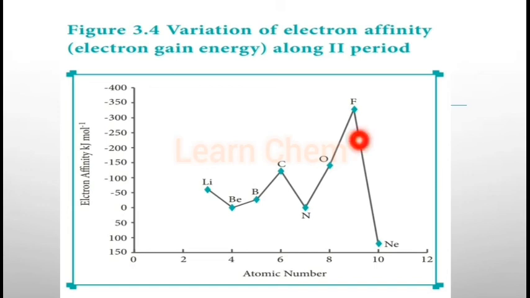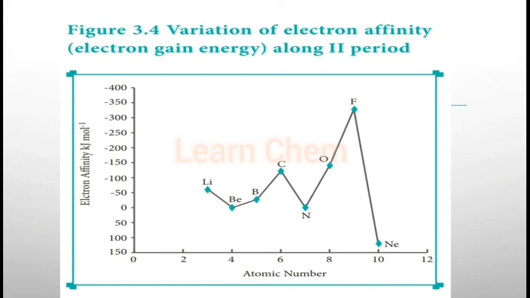You can see fluorine has a peak value, that is it has a high electron affinity value, because it has 5 electrons in its p shell. The total electrons in the outer shell is 7. To gain an octet configuration, it requires only 1 electron, so it readily accepts an electron and forms an anion. That's why fluorine has the highest electron affinity value.